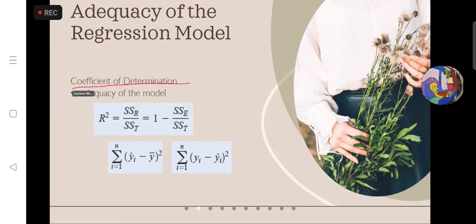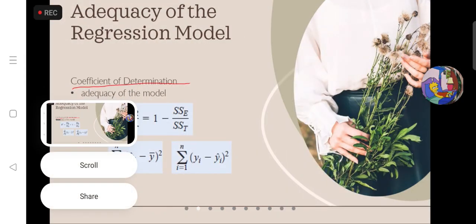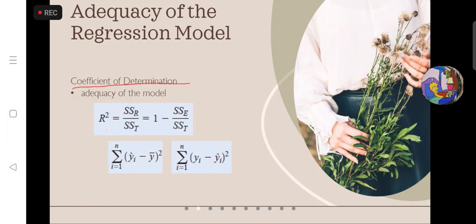To solve for it, we will use r squared equals SSR over SST, or 1 minus SSE over SST. We have already established that SSE is the error sum of squares.